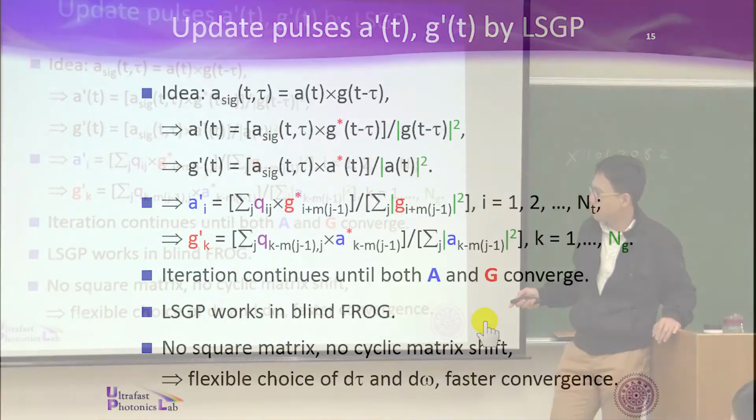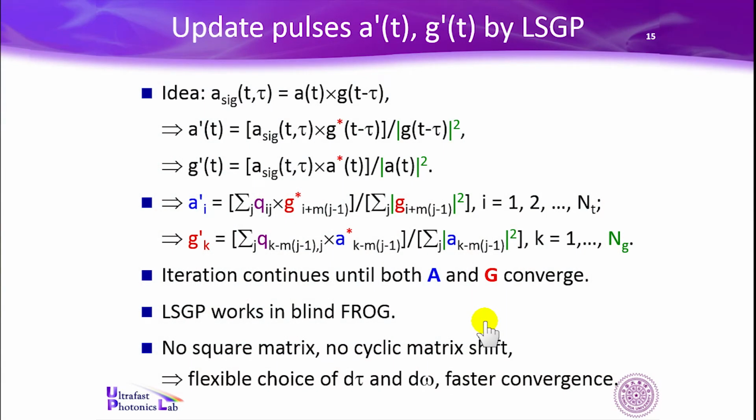So you have a flexible choice of d tau and d omega, and you can have faster convergence. So it could be advantageous if you use LSGP.